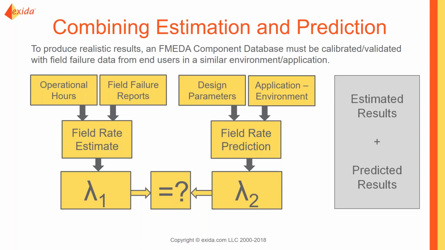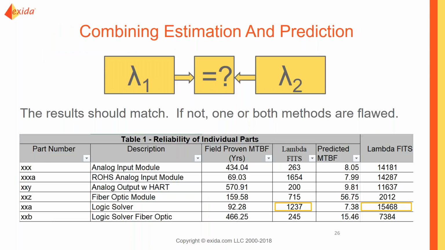Now you can compare lambda 1 to lambda 2: how do we do? These two should match, and if they do not, then something is flawed. That's why you see in this chart one says 1237 and the other says 15,468. Something is not right with the approach, right?